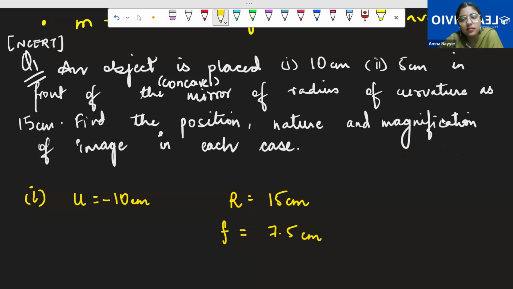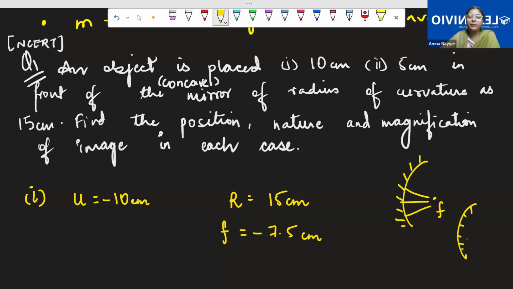Then for a convex, it is positive. You're right. See, remember like this. Wherever the concavity is present, wherever the surface is available for reflection, there only you will have the focus. So concave will have the focus in front of the mirror. So negative. Concave is like this. The inner part has been painted.